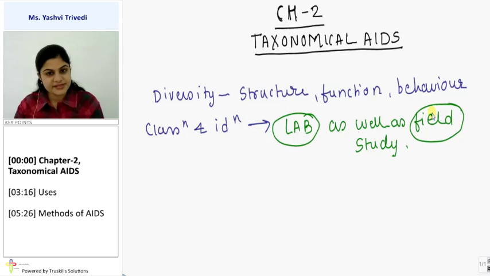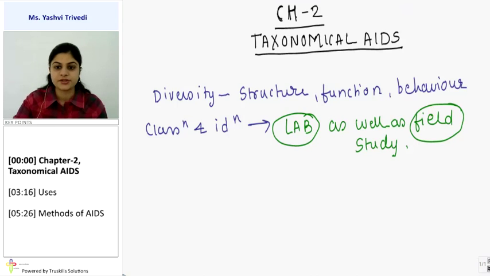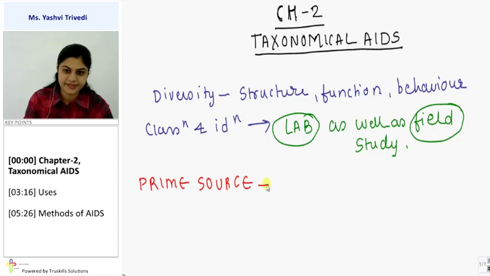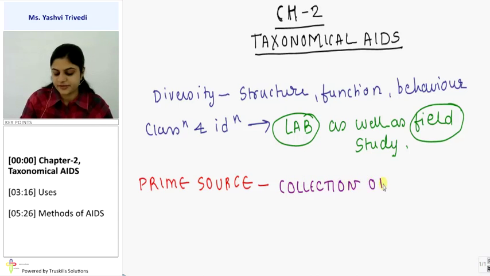Now, for identification and classification, the prime source or the most important characteristic is collection of the specimen.